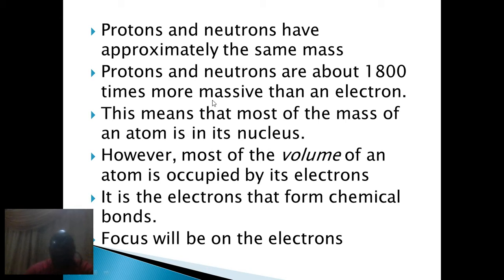So the mass of electrons is negligible, and they don't count when you are talking about atomic mass. We are coming to that. This means that most of the mass of an atom is in its nucleus, because the nucleus is housing the protons and the neutrons. However, most of the volume of an atom is occupied by its electrons.